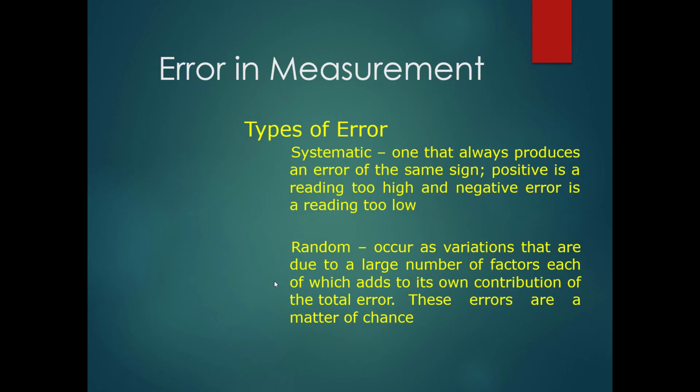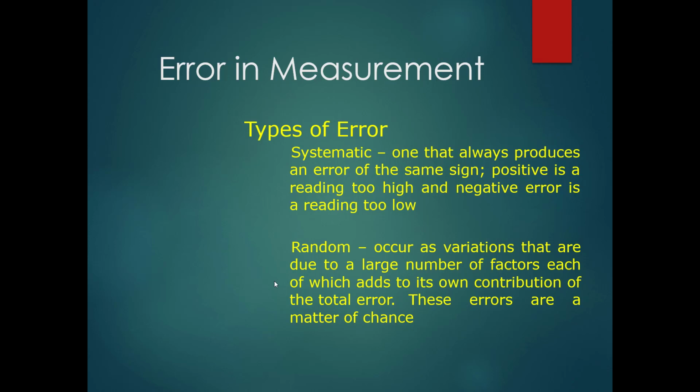And if the measured value is greater than the true value, then we call that there is a positive error. Systematic error can be predictable, and if you can understand the nature of the error which will be produced by the measuring device, then you can correct it.